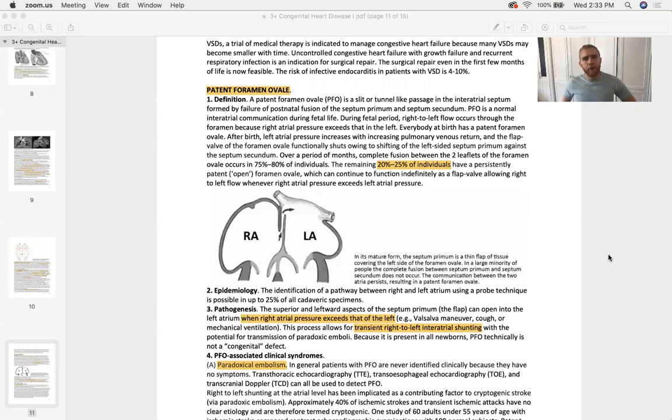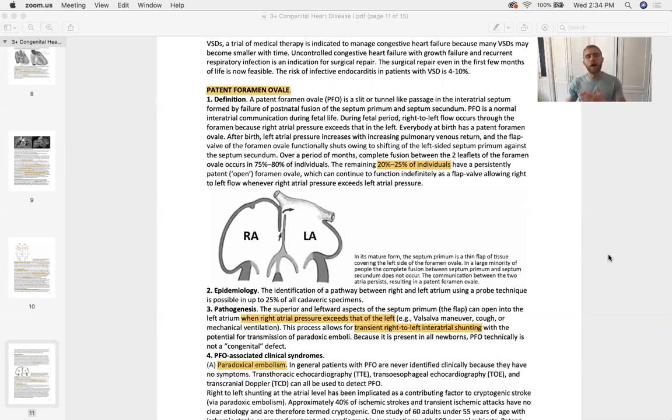The patent foramen ovale is susceptible to the paradoxical embolus by means of transient flow reversal that we talked about with the atrial septal defect. Remember, we said that whenever you hold your breath, you increase the pressure in your thoracic cage. And whenever you do that, venous blood doesn't want to move into your thorax because that's a high pressure system, and venous blood is really low pressure.